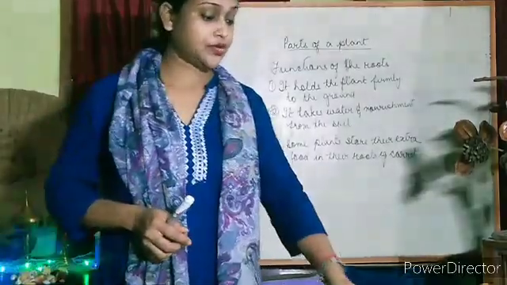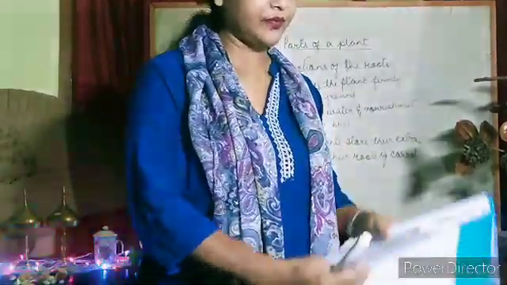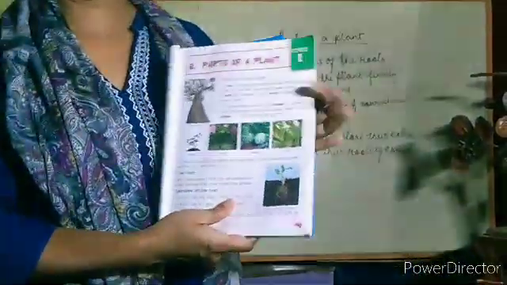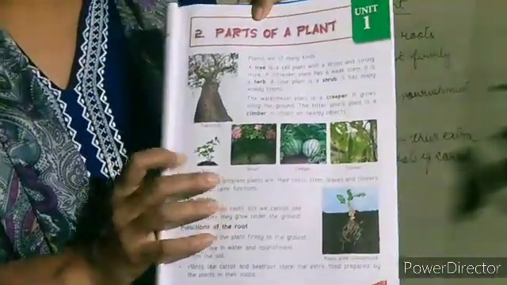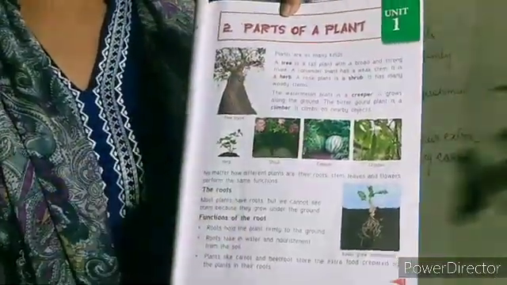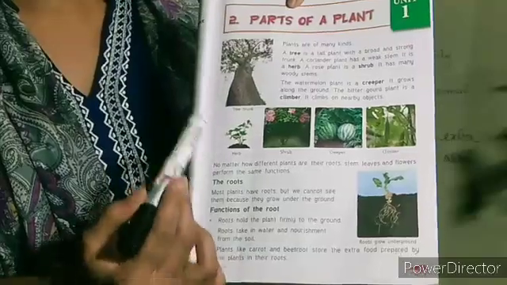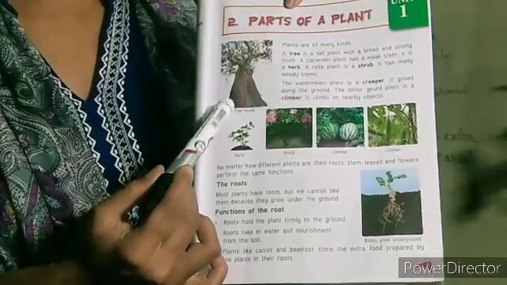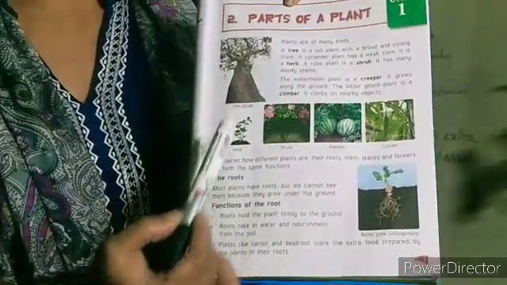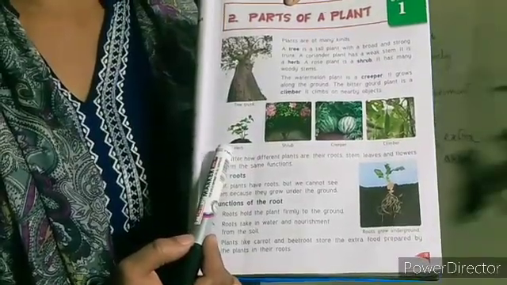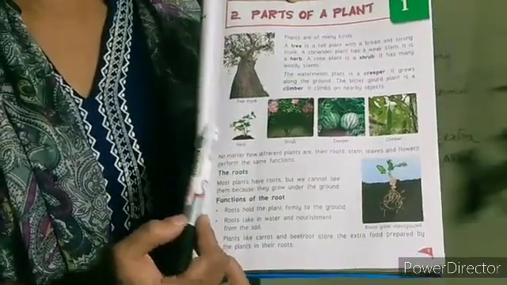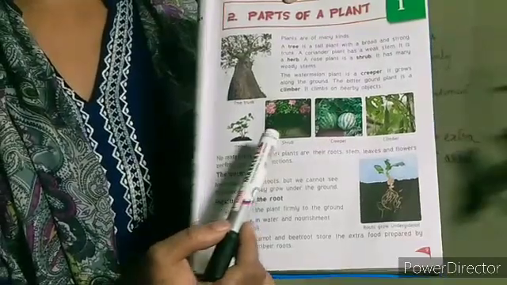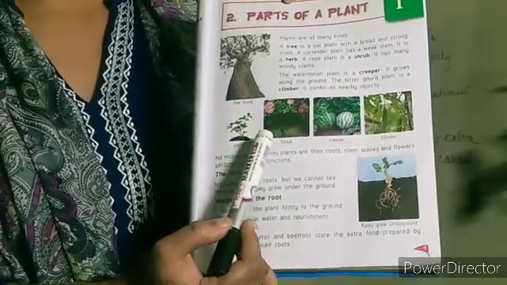I'll show you the pictures of what we have discussed today. First, we discussed different types of plants. See, the tree. A tree is a tall plant with a broad and strong trunk. Then herb. A herb is a plant with a small, weak stem, that is coriander. Then shrub. Example is rose plant.